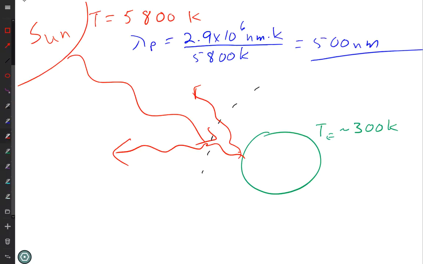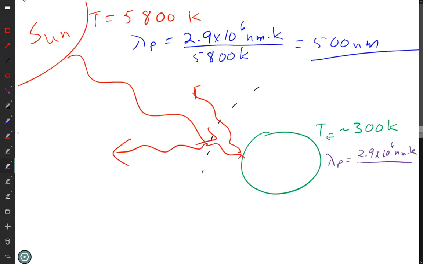What temperature? Well, we have 300 kelvins. So if we calculate the peak wavelength for the Earth emission, I'm just going to round it off this time. We did it before. It was 973, I think.